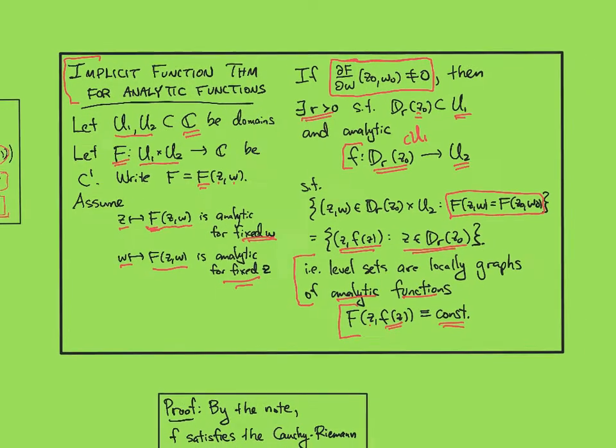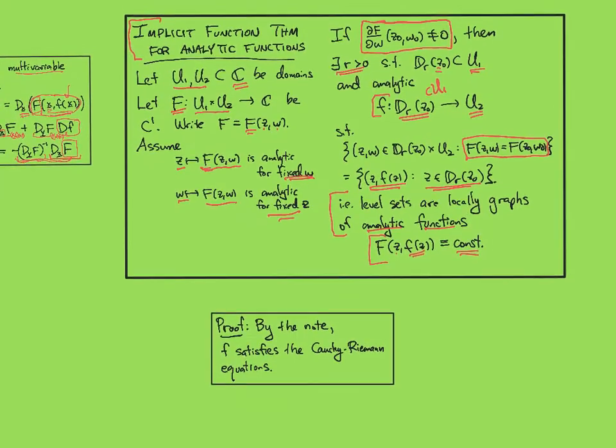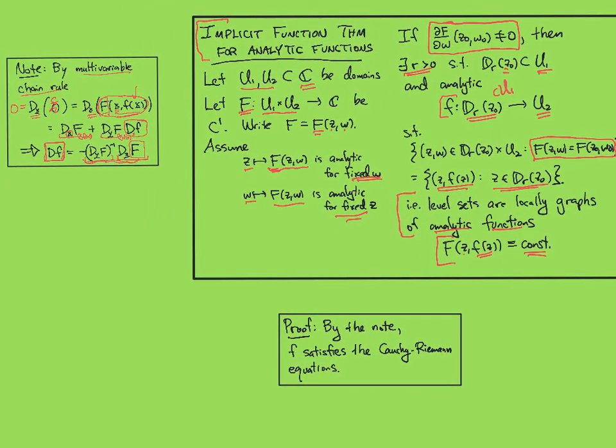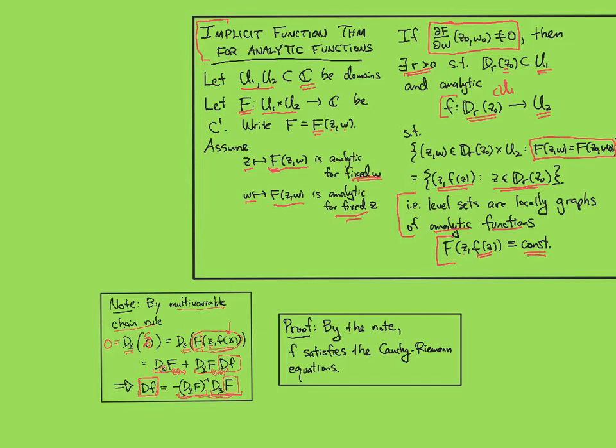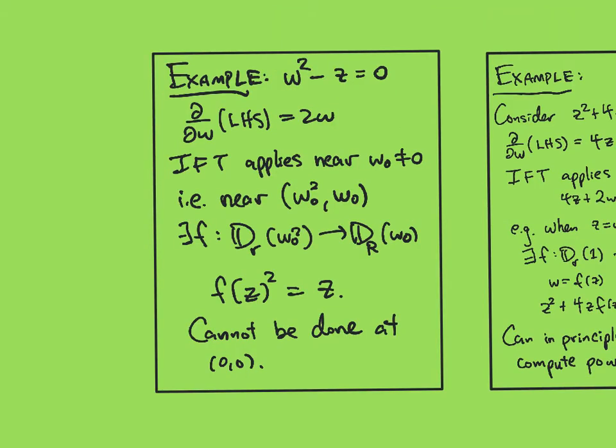So I've already said the proof out loud, but by the note over here, you can show that little f satisfies the Cauchy-Riemann equations, and so it has to be analytic by a previous theorem. Now let's look at a brief example of this. Here's a really basic example of the implicit function theorem, which is really no different than the inverse function theorem for analytic functions here, but it's good to see how they connect a little bit.